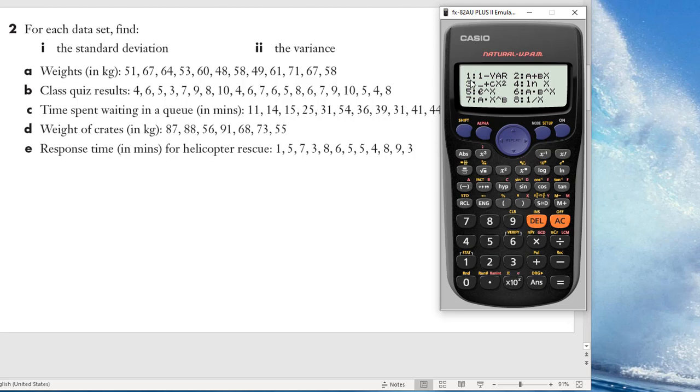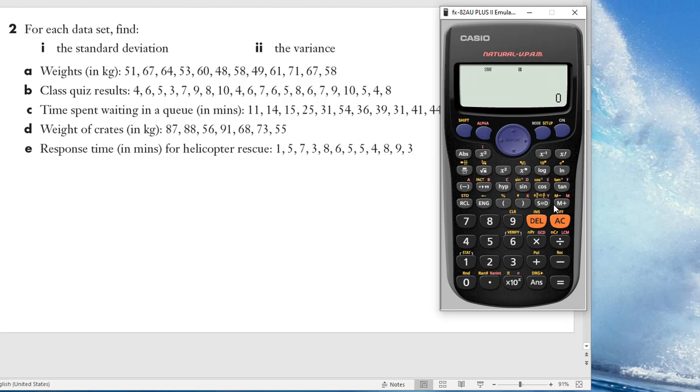And again, notice that option 1 has that VAR, the variance mode. Again, doesn't matter if the data is in order. Quickly type this in, 51. Okay, all that data's in.